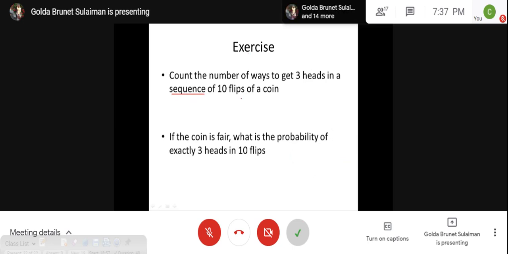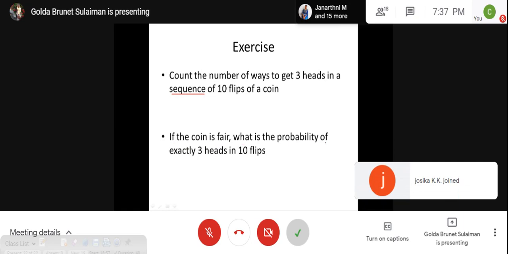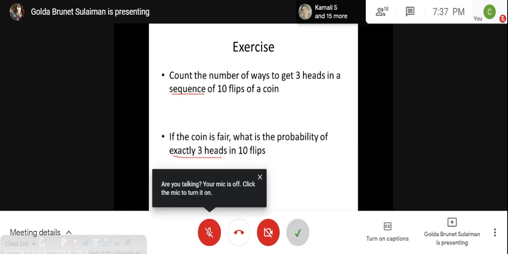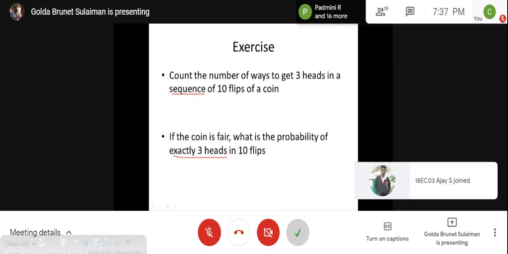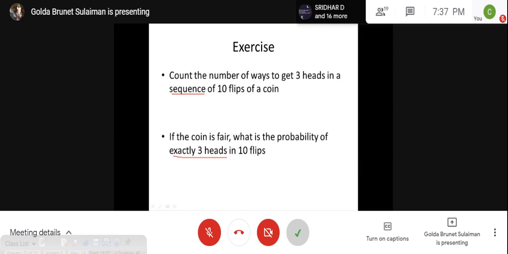This is the first part. And the second part is, if the coin is fair, what is the probability of getting exactly 3 heads in 10 flips? I'll give 5 minutes, solve it and get me the answer. If you're done, just unmute and speak. You need not take all 5 minutes.